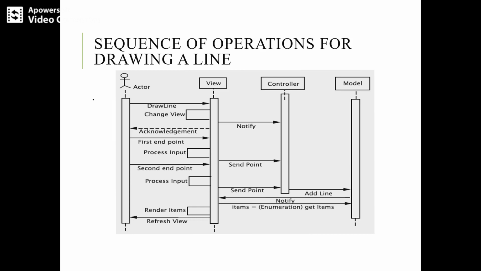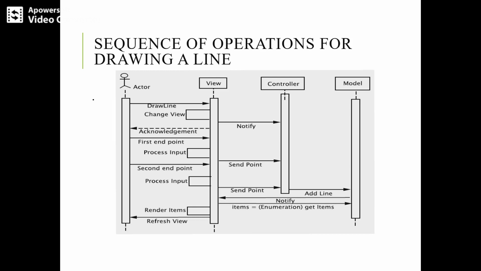Before that, we will see the sequence of operations for drawing a line. This is the sequence diagram where we can see how drawing a line will be depicted in the MVC architecture.